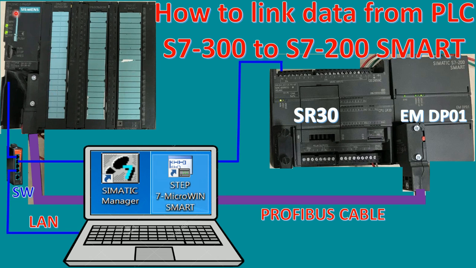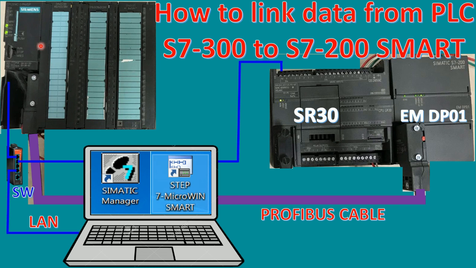For example, the CPU 314C-2PN/DP. It has two ports of Profinet and one port for Profibus.